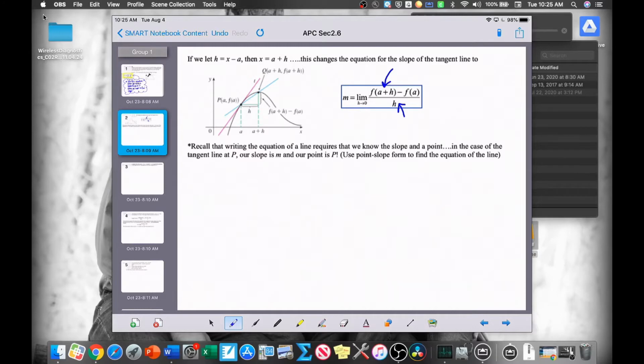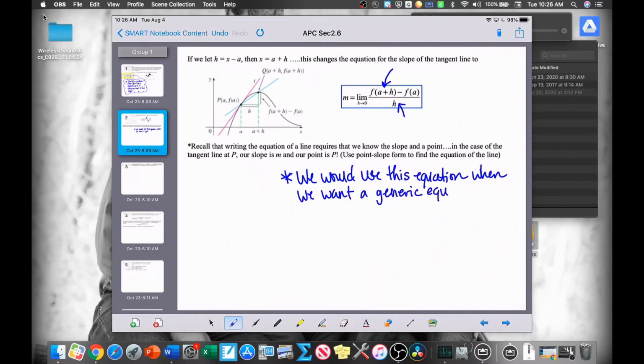So we would use this equation when we would like a generic equation for slope at any point on our curve.